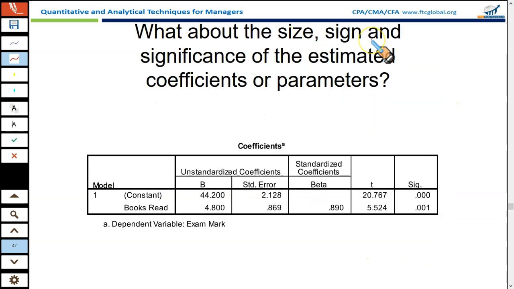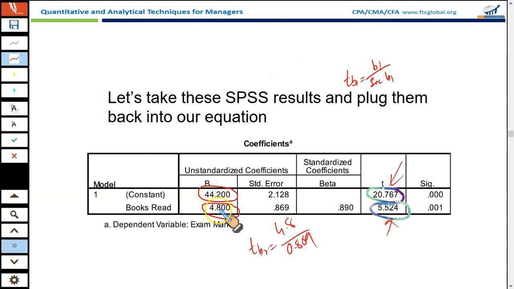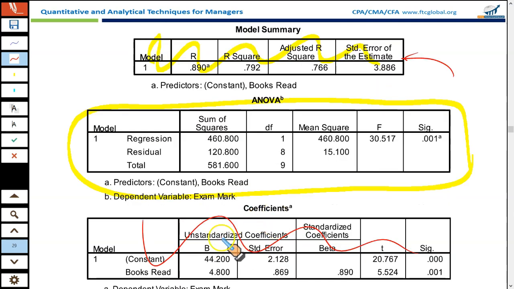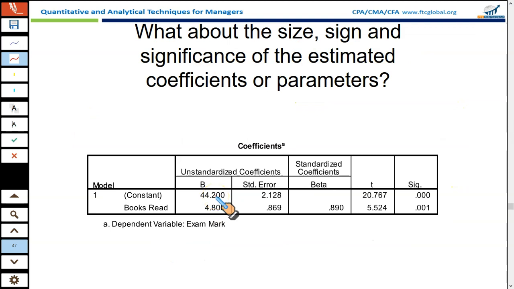So what about the size, sign and significance of the estimated coefficients B1, B2 or the parameters? So let us discuss these one by one. Our B1 is 44.2. From where did we get it? Right here, which we previously discussed, the output of your SPSS. So 44.2.